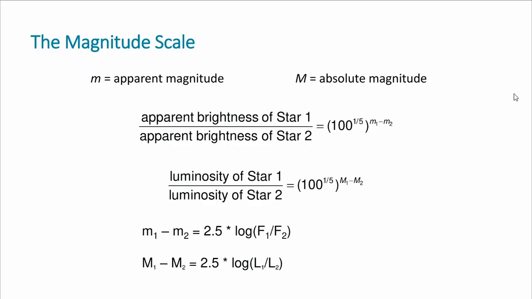So this was 10 to the 6, 10 to the minus 4, so that would be 10 to the 10, so log 10, which would be a magnitude difference of just 25. So it's much more manageable to do mental math when your magnitude range is just 25 rather than try to do 10 to the minus 6 compared to 10 to the minus 4. So that's the motivation for using this magnitude scale.